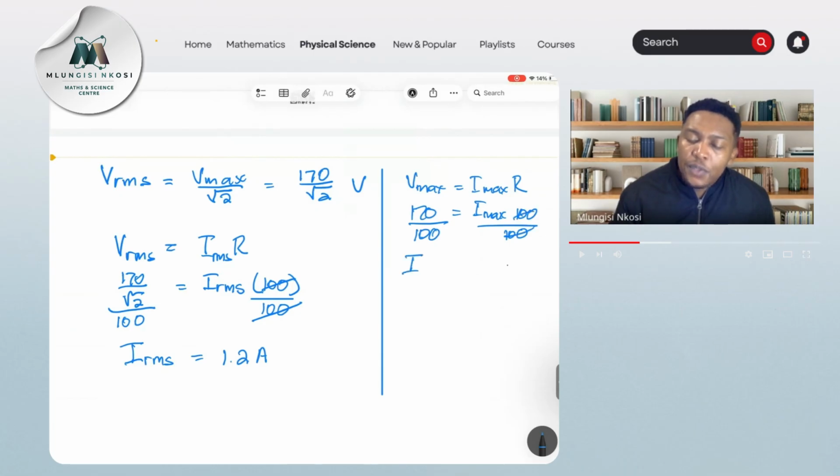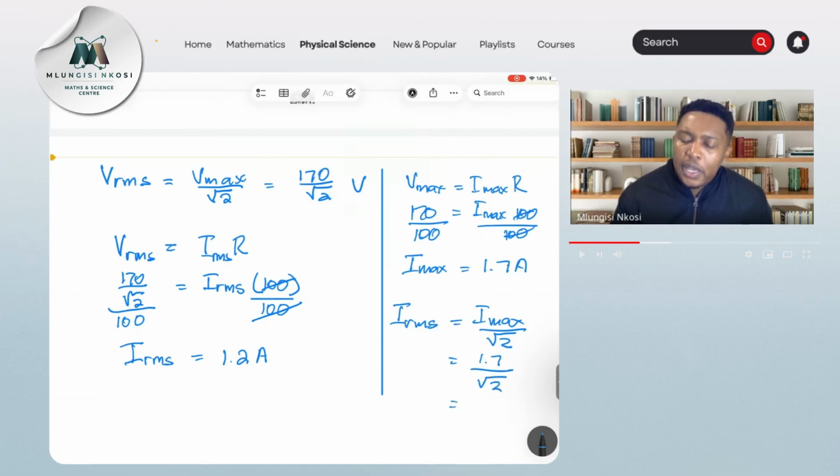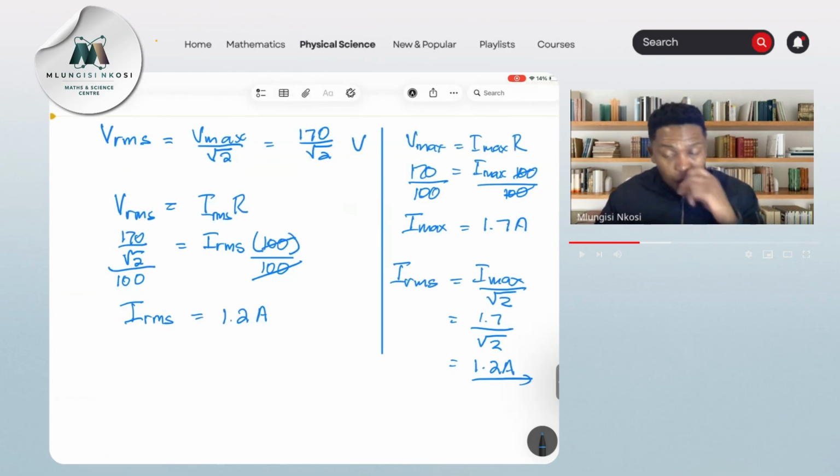And so that gives you an Imax value of 1.7 amperes. And so to find IRMS, that is going to be Imax divided by square root of 2. So 1.7 over root 2. And I can assure you, you'll get 1.2 amperes. Okay, so that is how we will proceed with that.